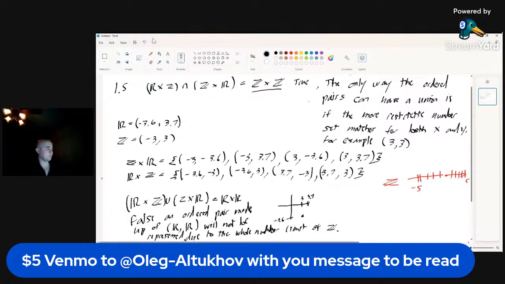Okay, actually pretty straightforward. An ordered pair made up of a real will not be represented due to the whole number limit of z. So integers. So in other words, we're gonna say 3.6 comma 3.6.